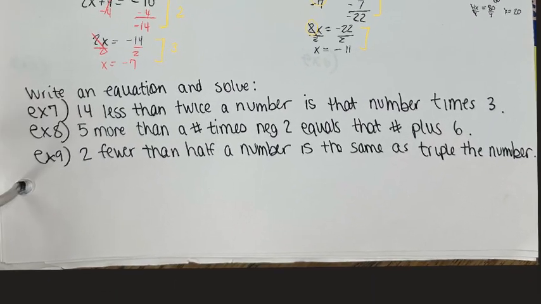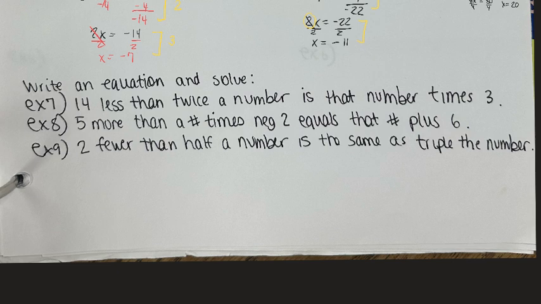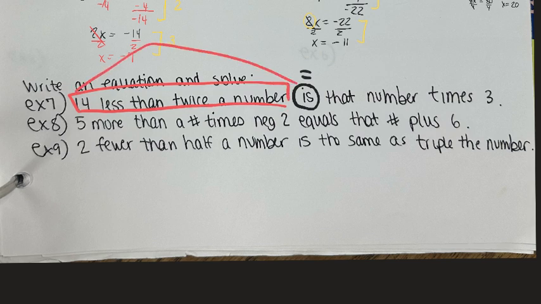All right, let's write and solve these equations. Example 7. 14 less than twice a number is that number times 3. "Is" is my equal sign. So all of this lives in one house, and all of this lives in another house.